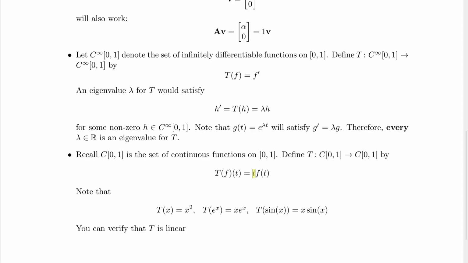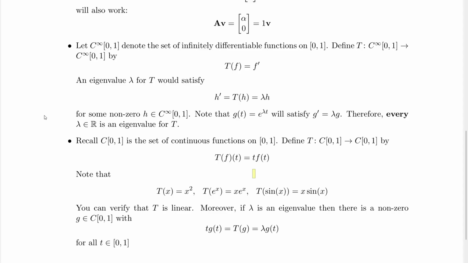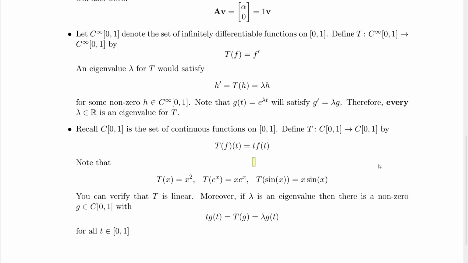Right, because if it did have an eigenvalue, that would mean that we can find a non-zero continuous function that would satisfy the following equation, for all t in [0, 1]. Right.